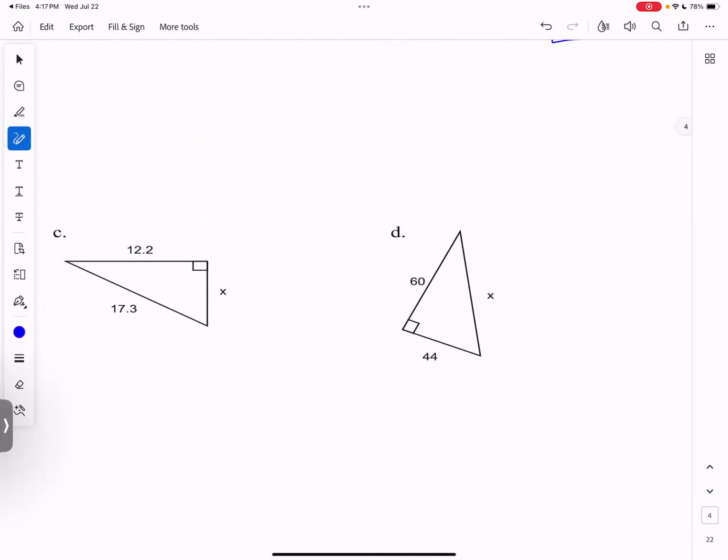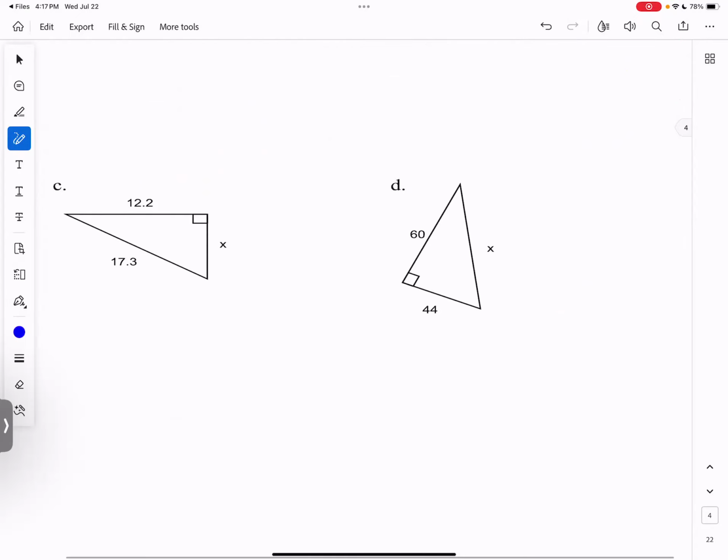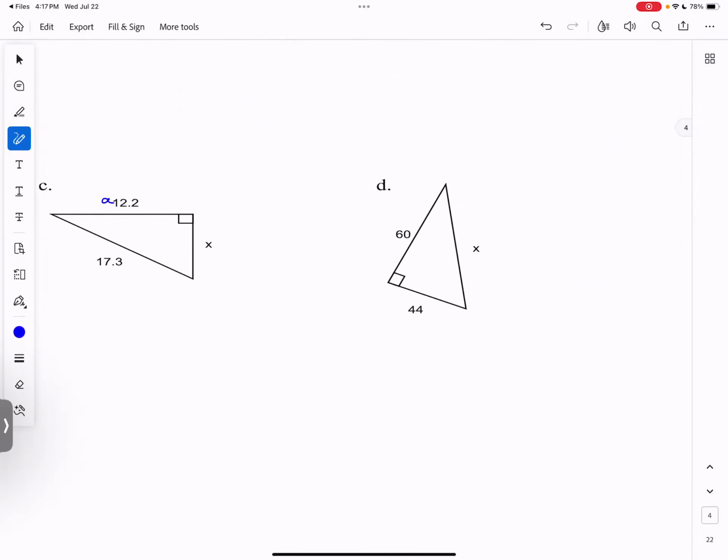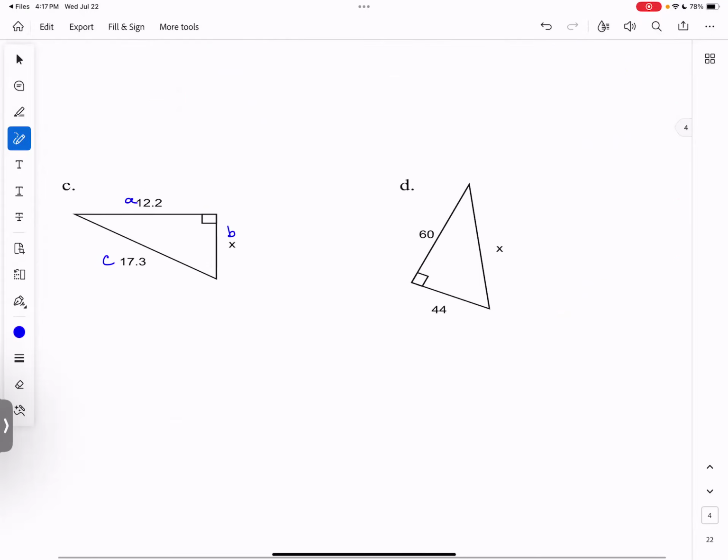Okay, next one. So again, we can label this a, b, c. It doesn't matter which one you label a and which one you label b. We know a squared plus b squared equals c squared. So 12.2 squared. Well, maybe I'm just going to do this one the way they show you, actually, because they show you to rearrange first.